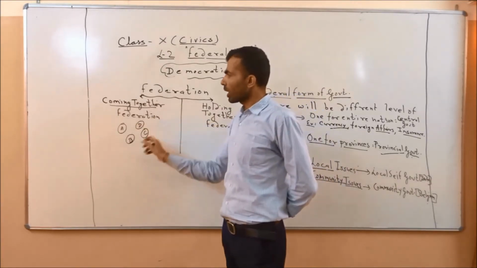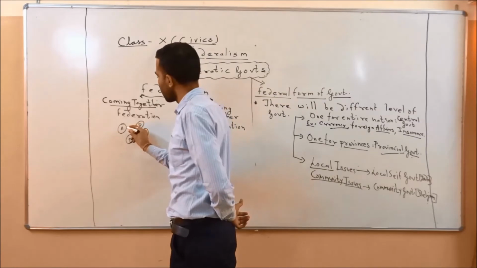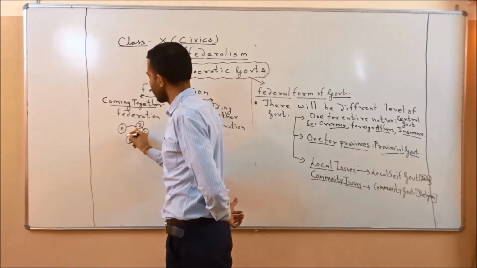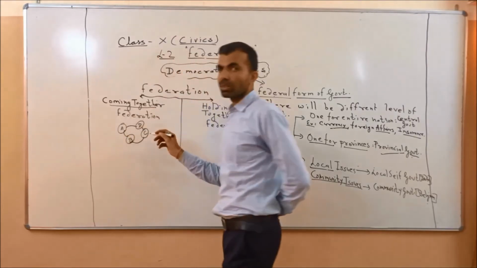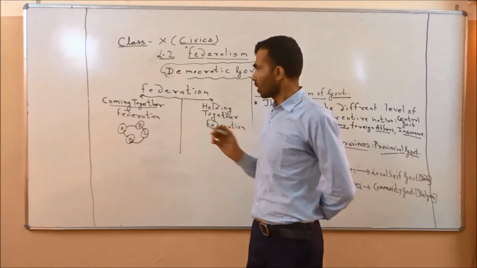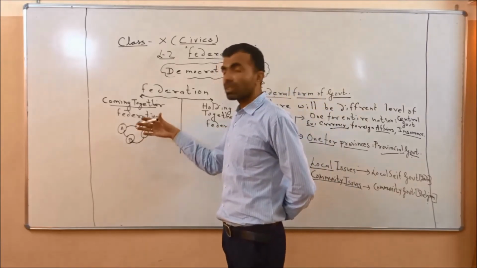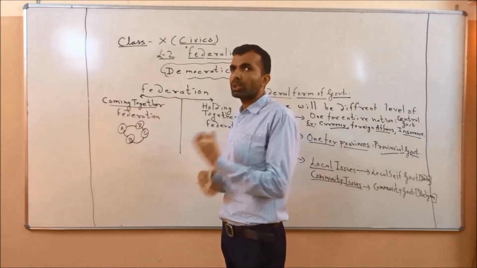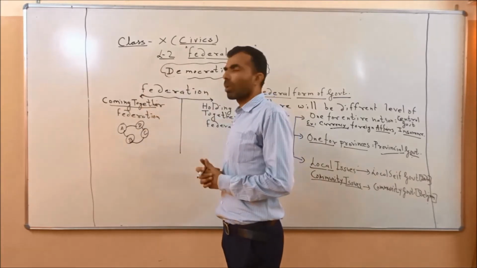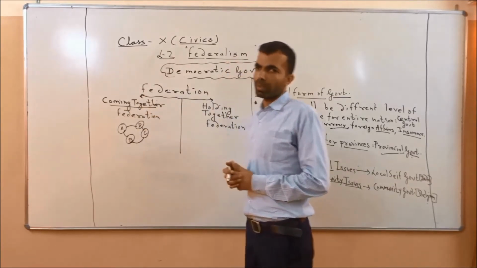So on their own they come together and join on the features of federalism and constitute themselves as a nation. They themselves decided to join as a federation. This type of federation would be called coming together federation.